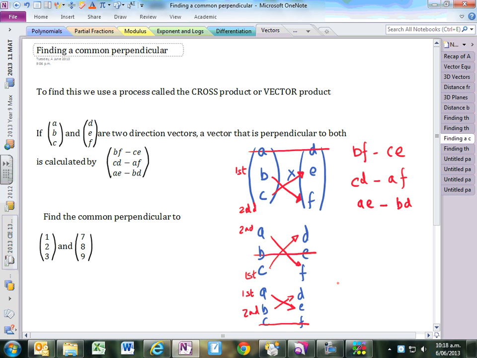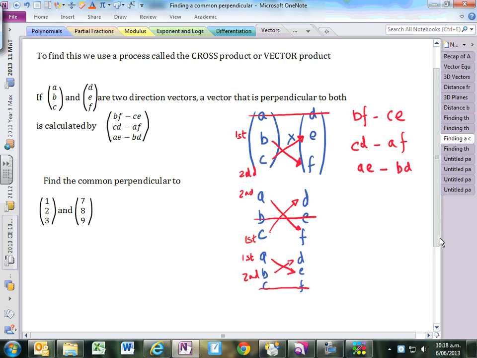I wouldn't, if I were you, try and remember this little matrix over here. When I do it, I remember this process rather. I think if you try to remember that matrix, it could confuse you. You could quite easily get the letters mixed up. So rather go and get the process fixed in your mind.